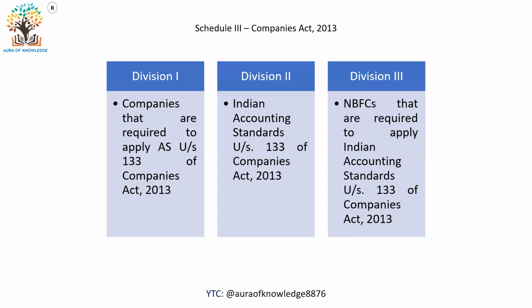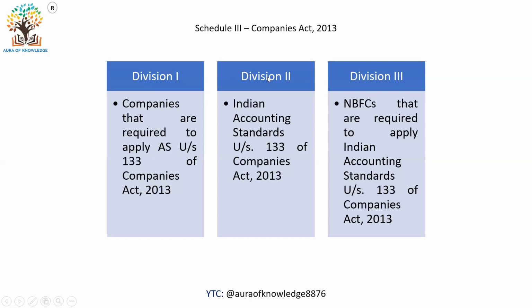This means whichever companies for which accounting standards are applicable have to follow this particular division. That is division 1. Here, AS is the abbreviation I have used for accounting standards under Section 133 of the Companies Act.